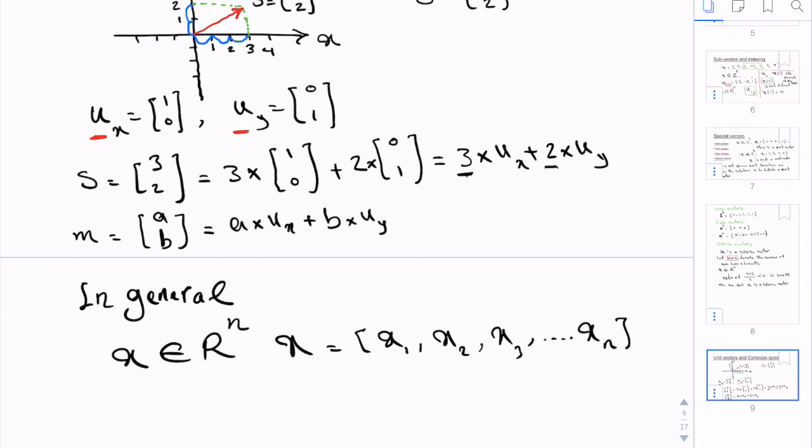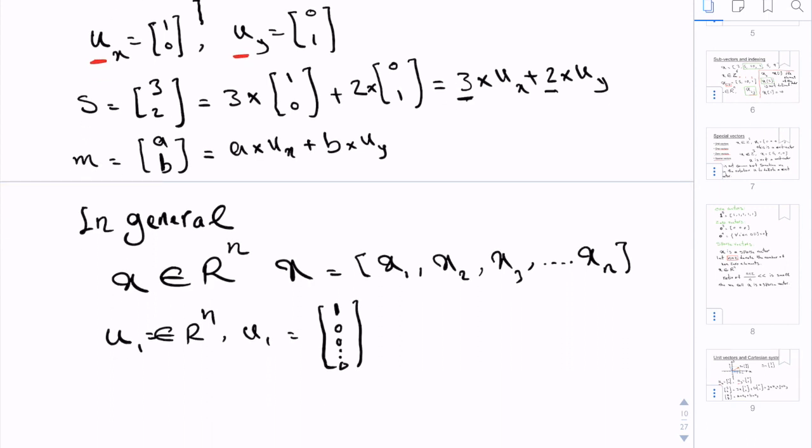Then I can define the unit vectors for this space such that u1 is a unit vector belonging to Rn, and u1 is equal to this vector. It could be horizontal or vertical, it doesn't matter. The first element is 1, and all other elements are 0.